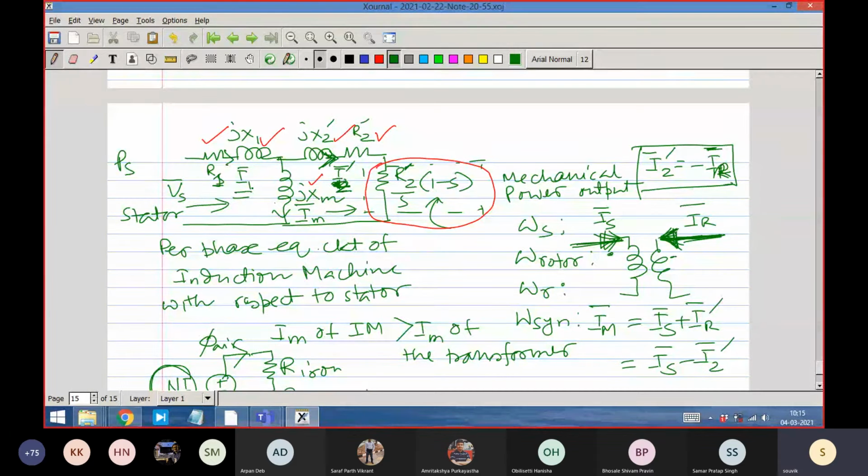That means Vs, I1 cosine of the angle between Vs and I1, right? That would be the power that is going in.